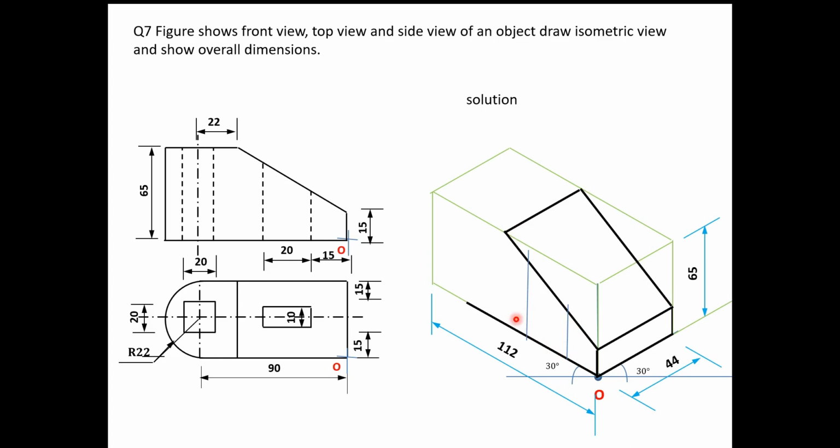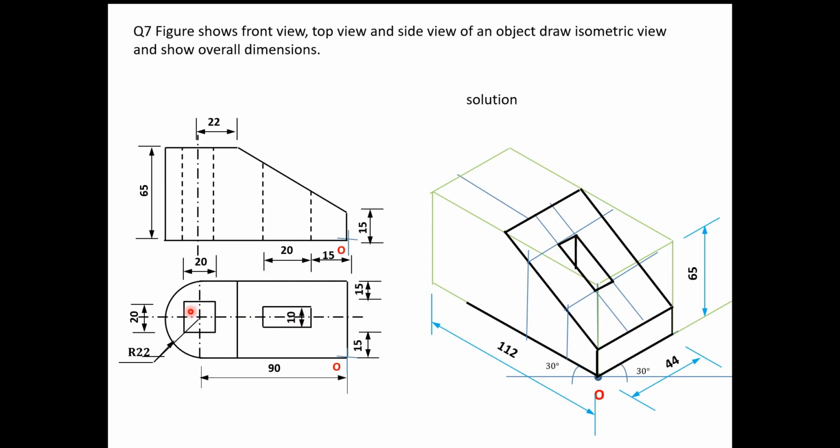Again next is this edge, these edges are parallel. Next draw a line 10 mm distance, that means 5 mm from the center edge, 5 mm here, 5 mm here, so these two lines are parallel, 10 mm apart. Then complete this, so these edges are visible, this edge is also visible, so we have completed this.